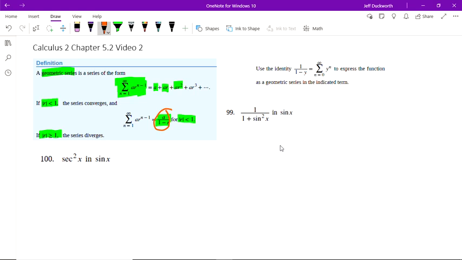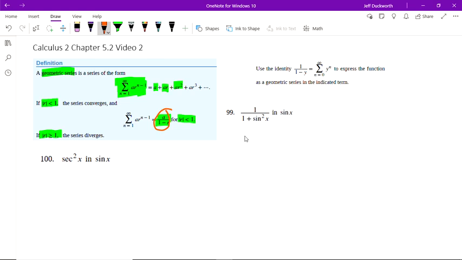So it's removing the a entirely, so it's assuming a is 1. No problem. We're going to express the function as a geometric series in the indicated term. So the indicated term for number 99 is sine of x. So we're going to try to turn everything into sine of x. Well, they give us a problem that's already in sine of x, so we can do that easily.